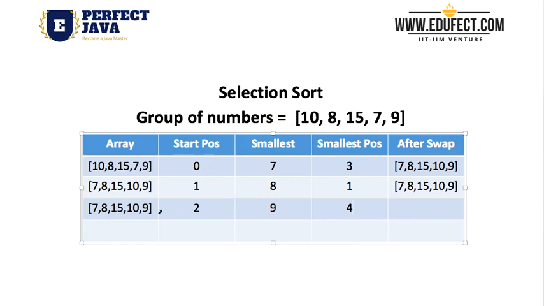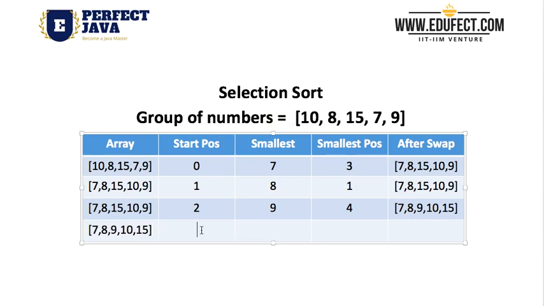And now at the end of the pass, what do we need to do? We need to swap the values at position 2 and 4. So now when we swap it, at position 2 comes 9 and at position 4 goes 15. So now this becomes the starting for the next loop. 9, 10, 15.